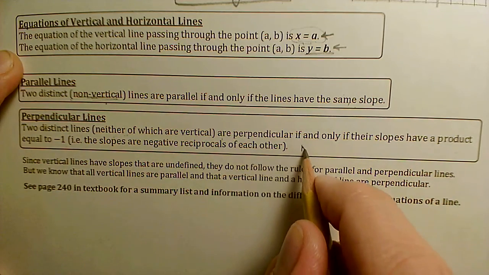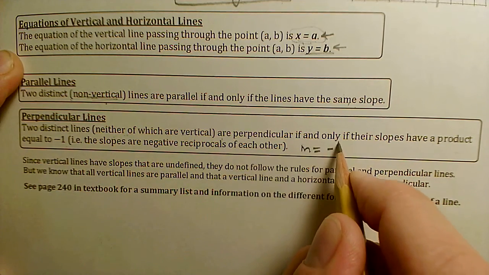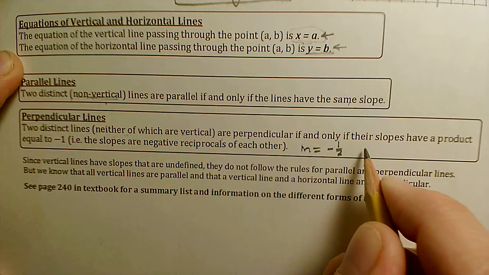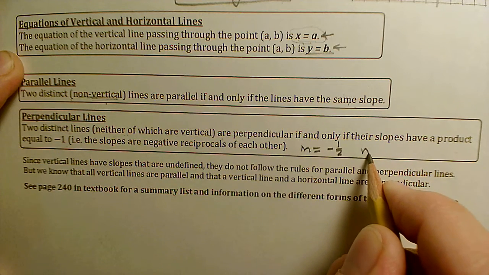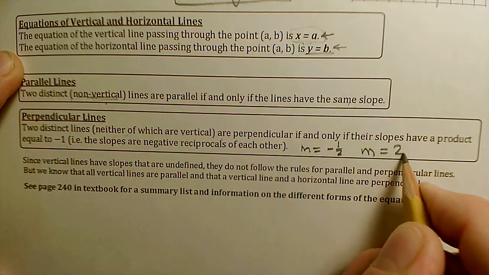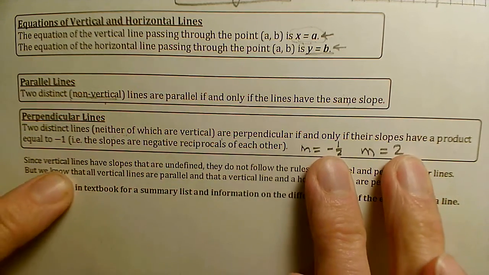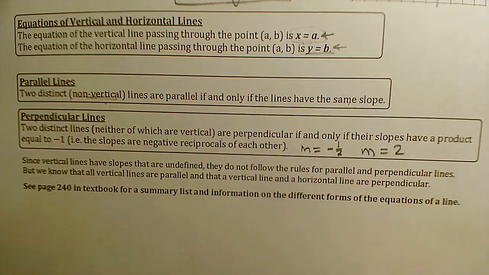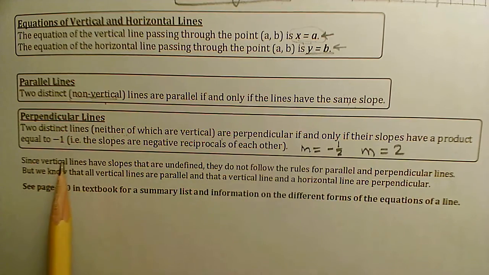So if the slope for one is -1/2, the slope of the perpendicular line will be positive 2, the product of which is negative 1. So another way of saying that their products have to be negative 1 is that those two slopes are negative reciprocals of each other.